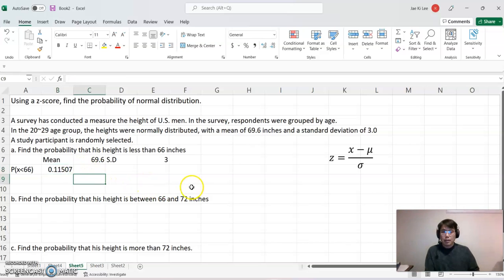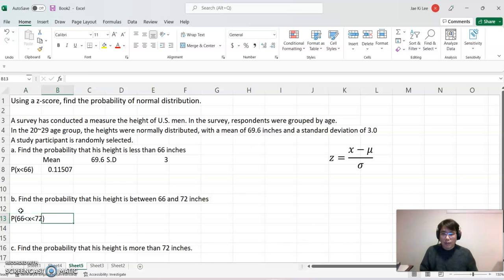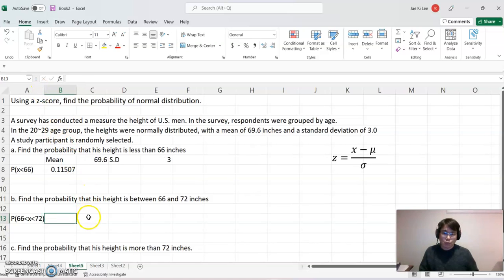Now, B. Find the probability that his height is between 66 and 72 inches. This time the probability is between 66 and 72 inches. How many x values do you see here? Yes, we have two x values, which means we need to find two different z-scores as well.